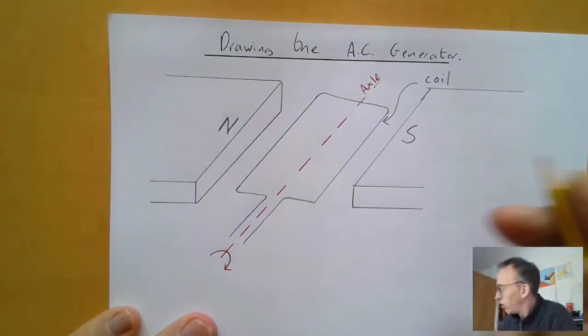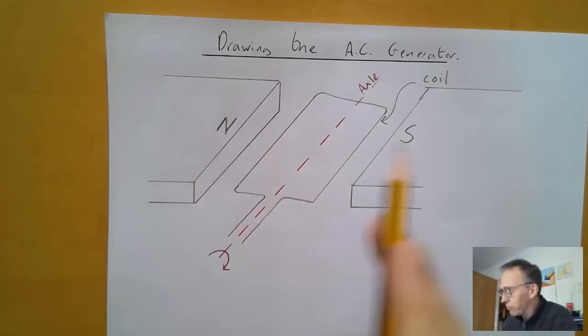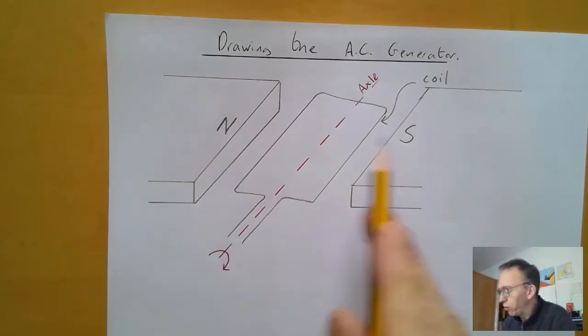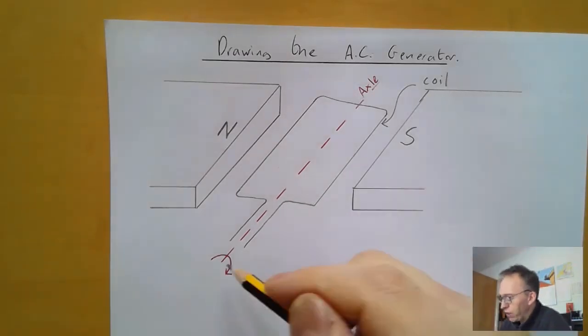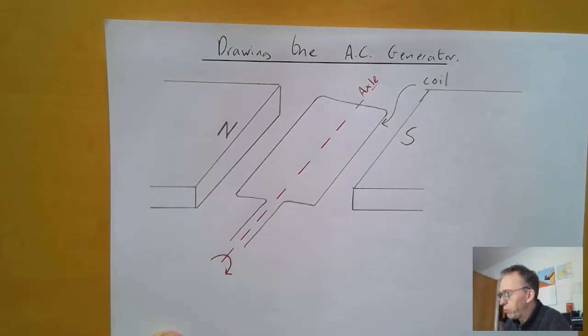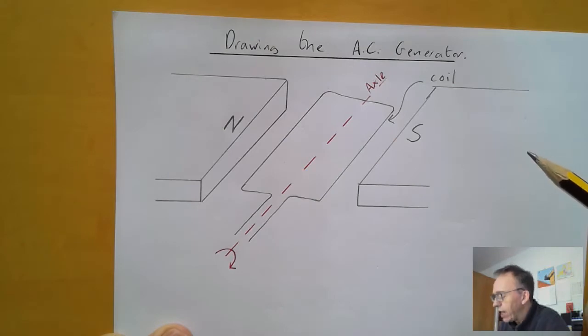Okay, so permanent magnet, another permanent magnet, North Pole, South Pole. Okay, so if we spin this coil in the field between these magnets, that will generate an EMF, as we explained a little bit earlier.